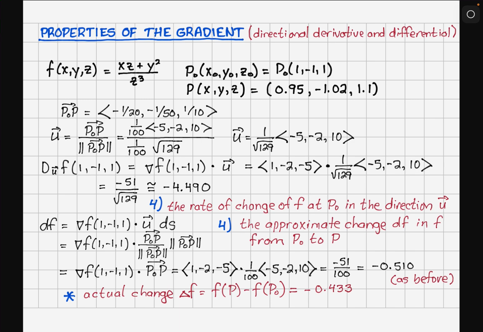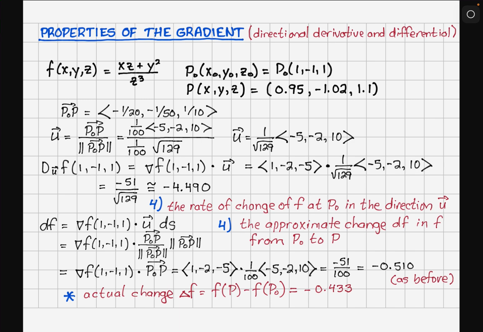The vector from P naught to P we can calculate. And we arrange things so we can calculate conveniently with integers. So the unit vector, which is the vector P naught P divided by its magnitude, is 1 over root 129 times (-5, -2, 10).